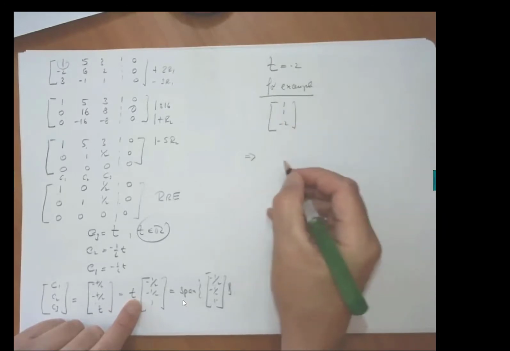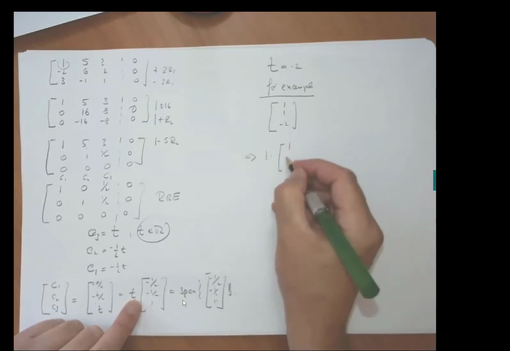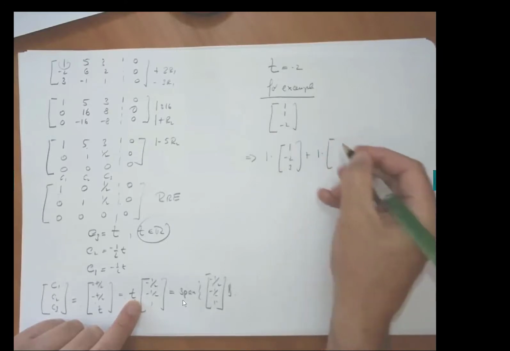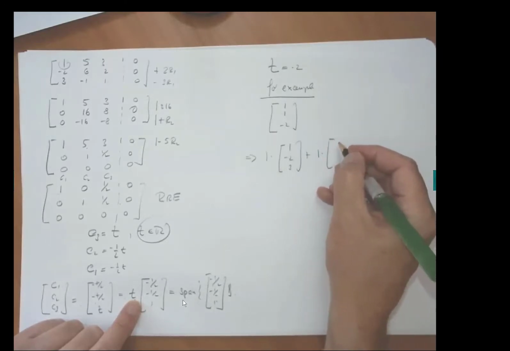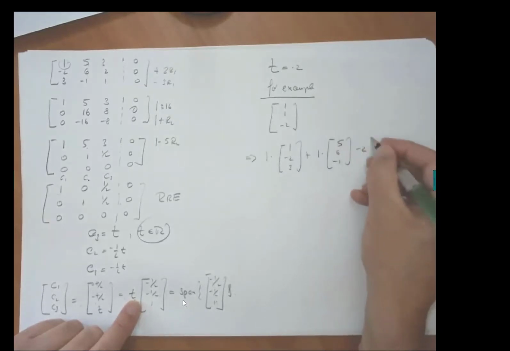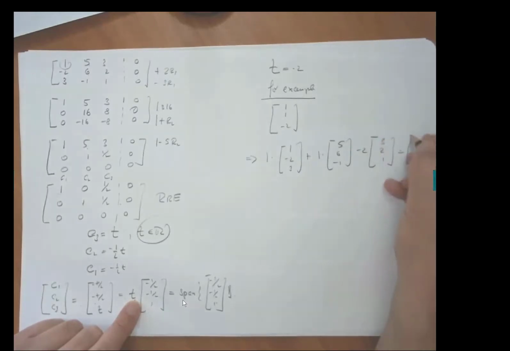That means 1 times the first vector, which was (1, -2, 3), plus 1 times the second vector, (5, 6, -1), minus 2 times (3, 2, 1), equals (0, 0, 0).